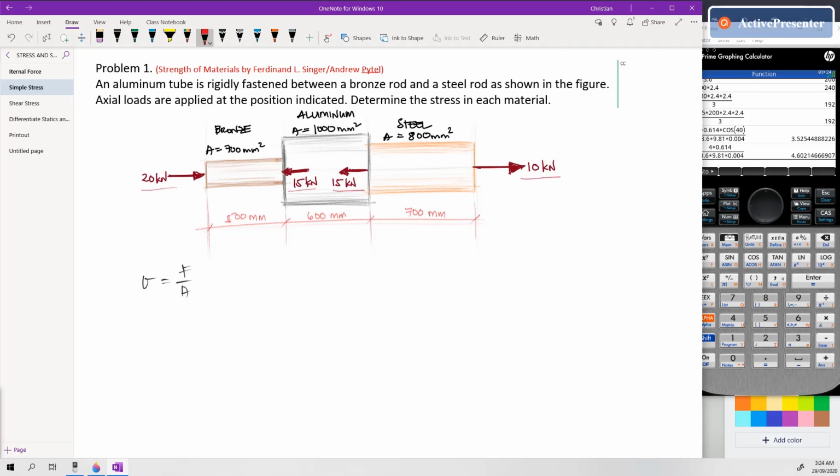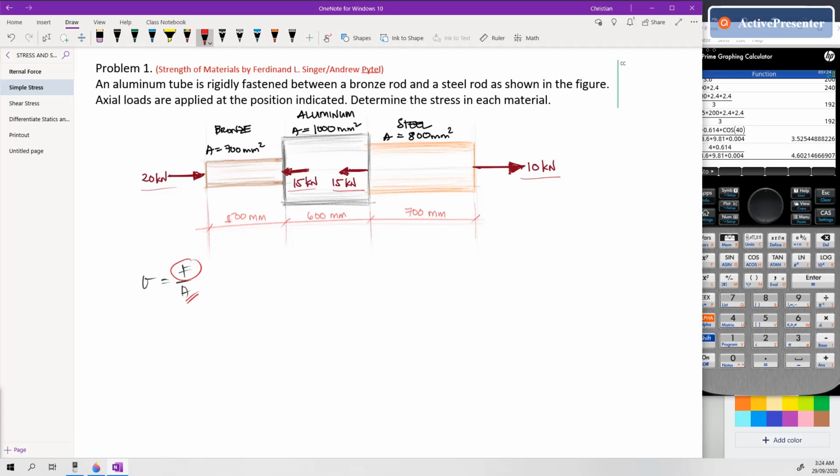Okay, so given lahat ng cross-sectional area in terms of millimeter squared, ang hinahanap are the stress in each material. Okay, so given all the area, kailangan lang natin ma-determine yung mga forces to get the stresses.